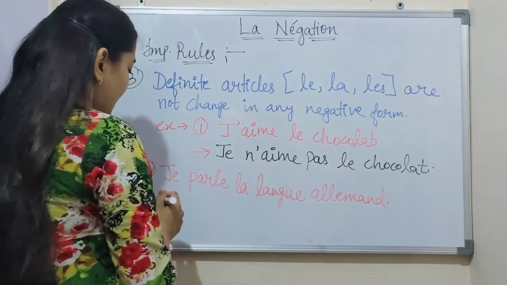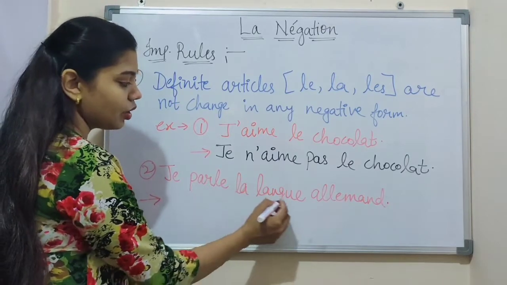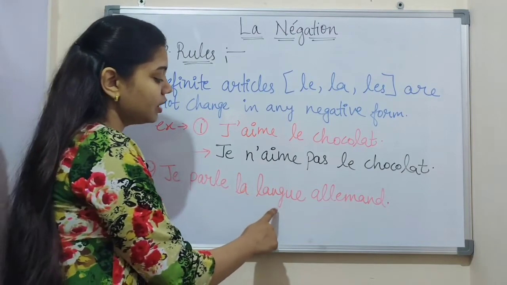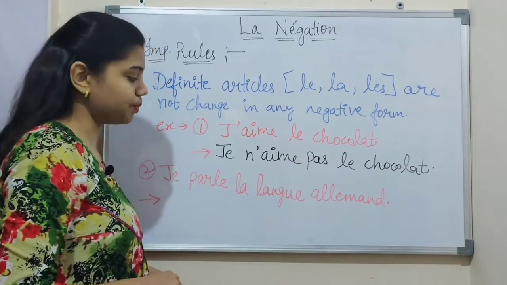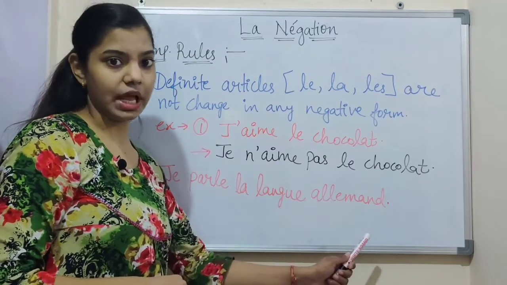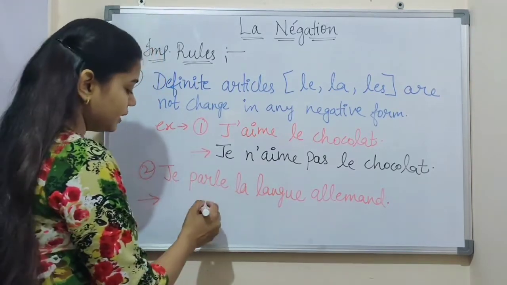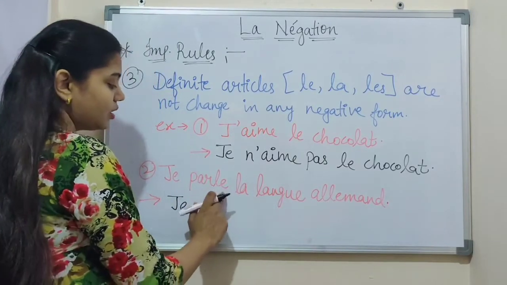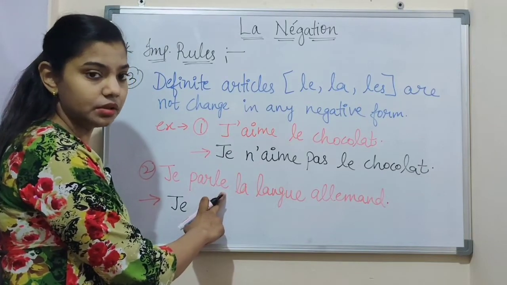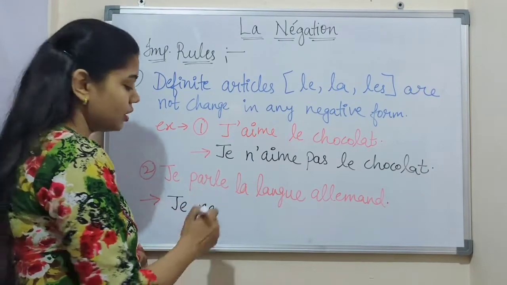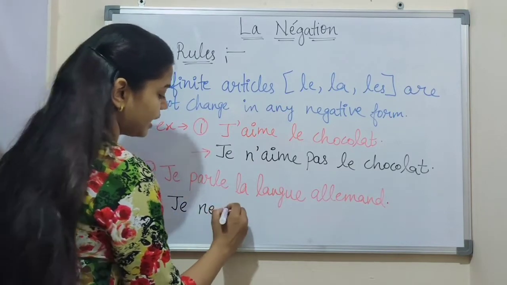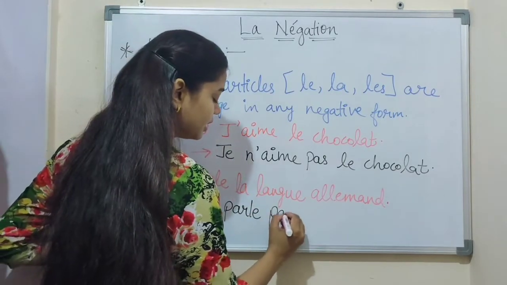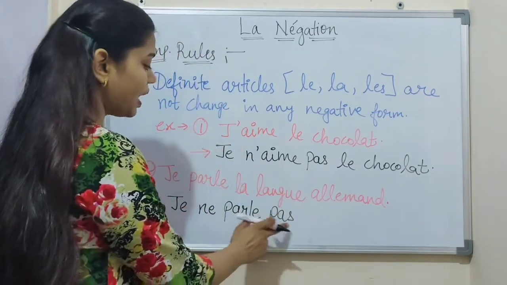Okay, and the second example, je parle la langue allemande. Okay, je parle la langue allemande, that means I speak German. ठीक है, I speak the German language. So how do we make it negative? Je ne, here parle means to speak. Okay, parle is a verb, to speak. So before the verb we add ne, then parle is the verb, and after the verb we add pas in the negative. ठीक है, je ne parle pas.